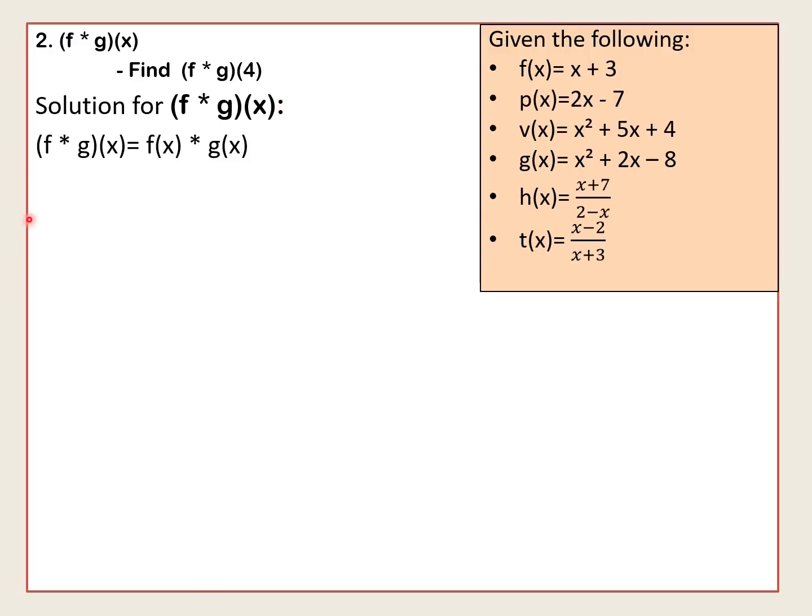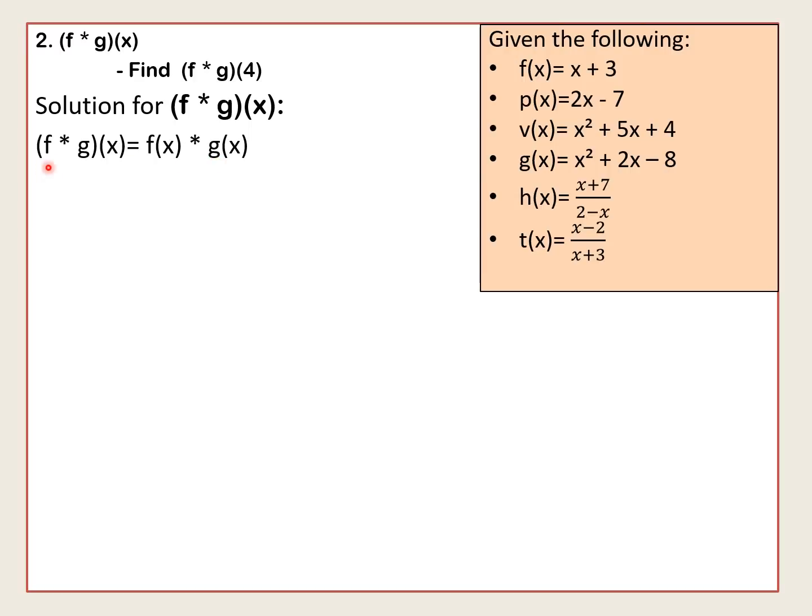That the product of the two functions f and g of the domain x would be equal to the first function times the second function. So, let me repeat, the product of f and g of x would always be equal to the function f multiplied by the function g.